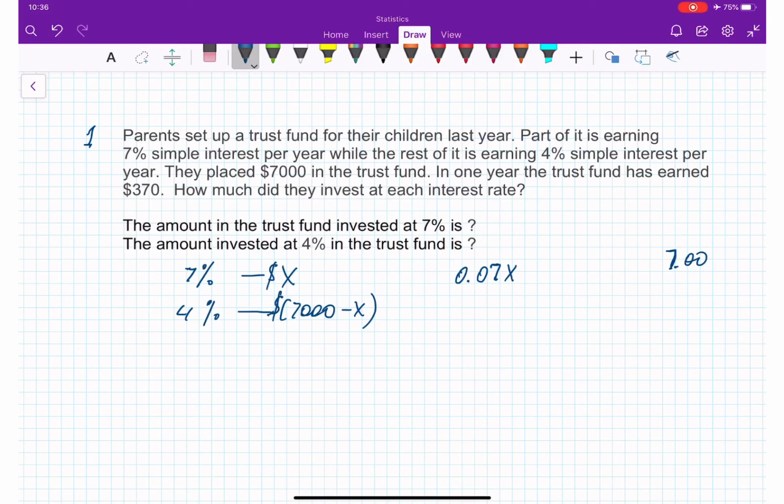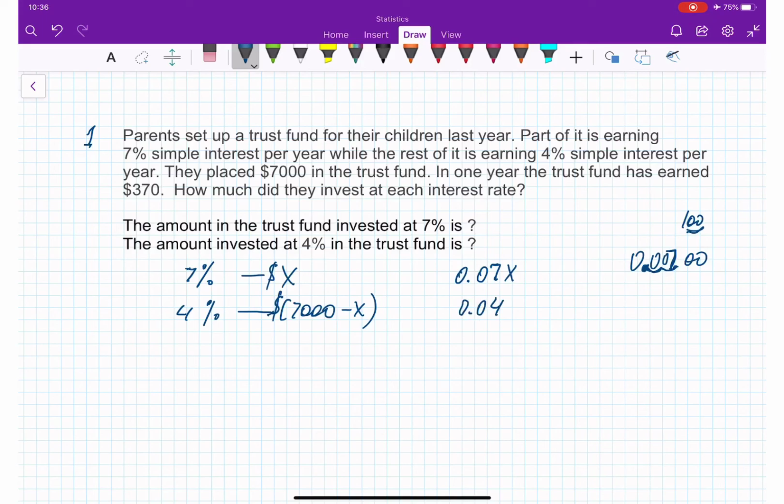You are moving by 2 positions because 100 has 2 zeros. So to divide, we move to the left by 2 positions, 1 and 2, and the point moves here. So it's going to be 0.07x.